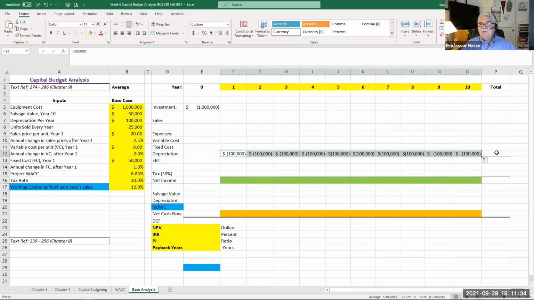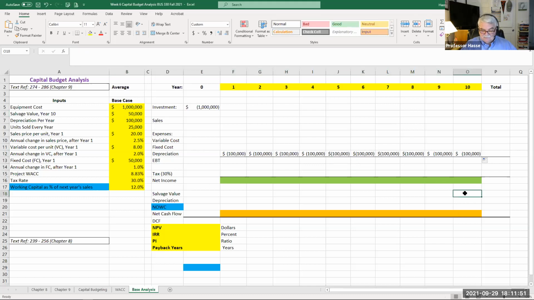That's going to total $1 million. So we're depreciating this $100,000 straight line over the 10 years, $100,000 a year. That's going to be fully depreciated at the end of 10 years. But also they're telling us here that in the 10th year, we're going to get $50,000 salvage or scrap on that piece of equipment at the end of its life.